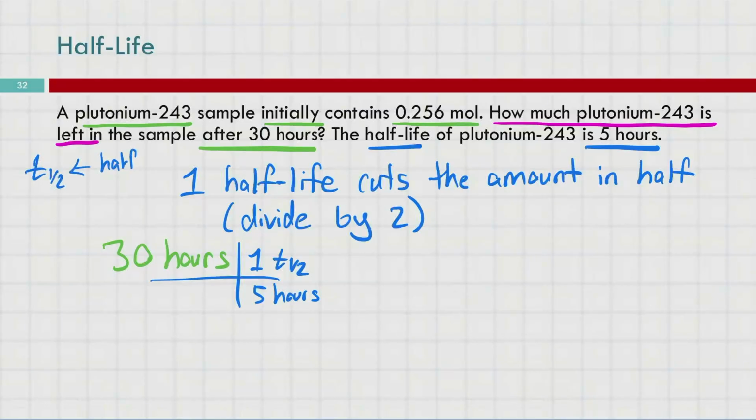I'm just tired of writing half-life, is all that it is. So we do 30 divided by the time for our half-life and we get a number of 6. Six half-lives. If each half-life cuts it in half, then we're going to cut it in half 6 times.